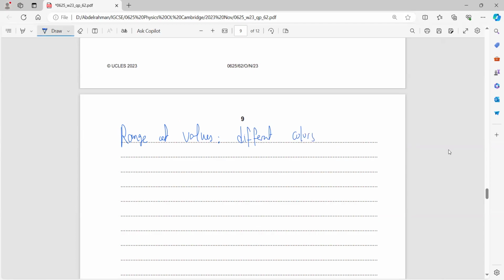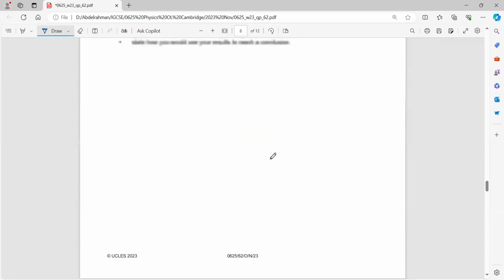Different colors used, or different colors for the filter. I could just write down any 5 colors I know of: red, orange, yellow, green, blue. Literally any 5 colors will do. This is the range of values.